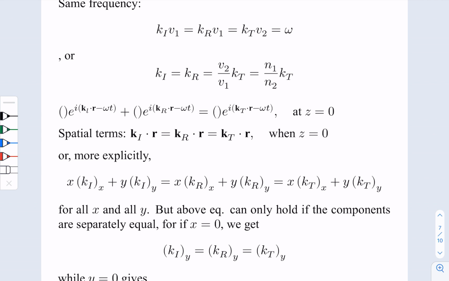at z equals exactly 0, and at any moment, these three must be equal to each other.